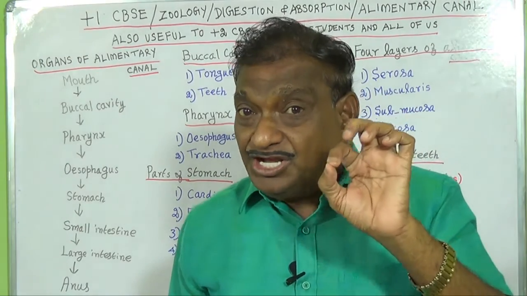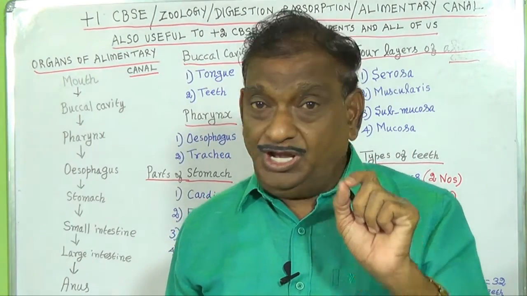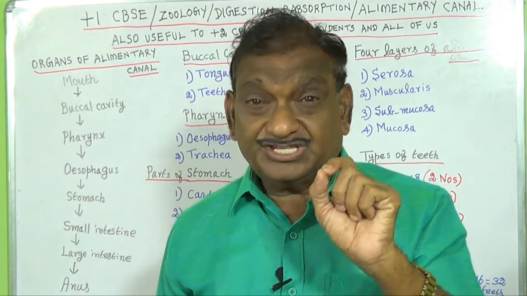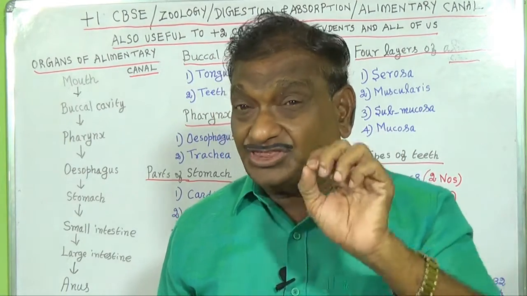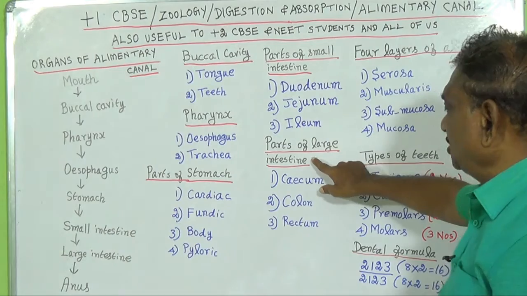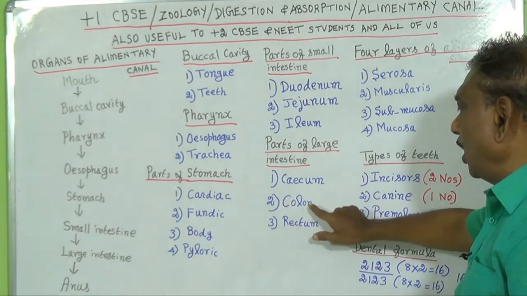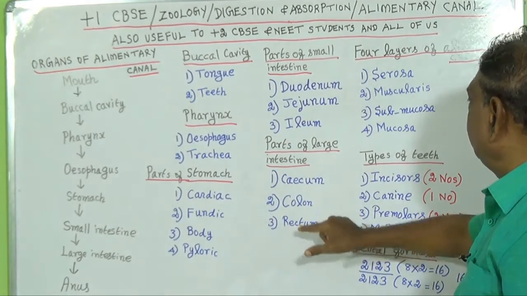Then in the large intestine there are 3 parts. One is cecum, the second is colon, the third is rectum. Parts of the large intestine: 1 cecum, 2 colon, 3 rectum.